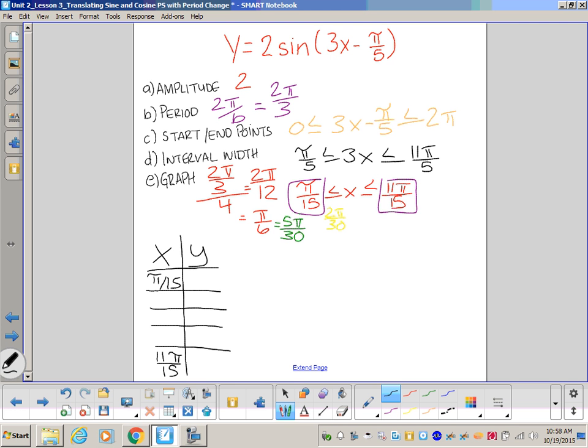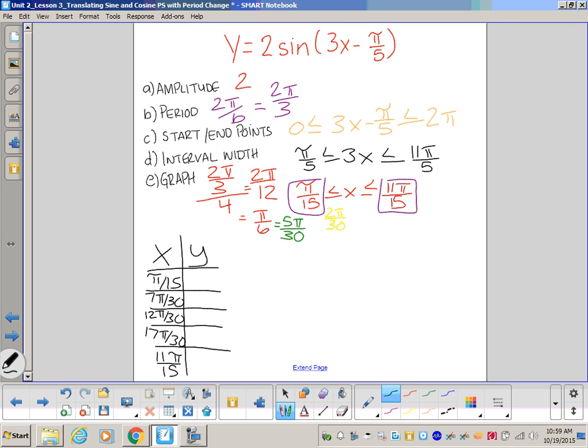So when I add, the reason I changed this to 2 pi over 30, so when I add 5 pi over 30, I have 7 pi over 30. Then I add 5 more and get 12 pi over 30. And then I add 5 more and I get 17 pi over 30. And then I add 5 more and I get 22 pi over 30, which is the same as 11 pi over 15.